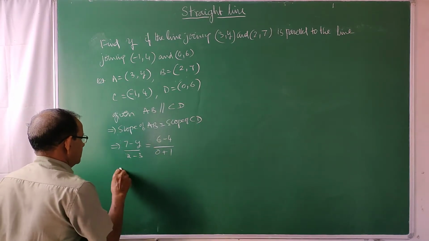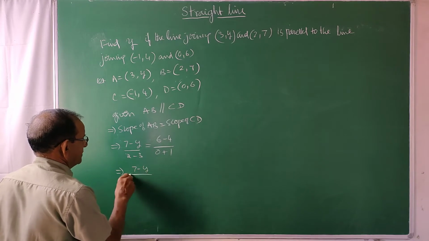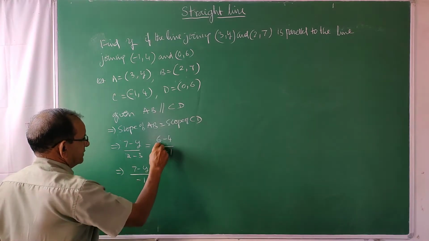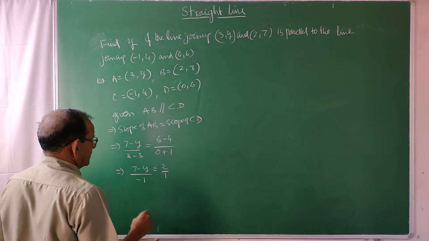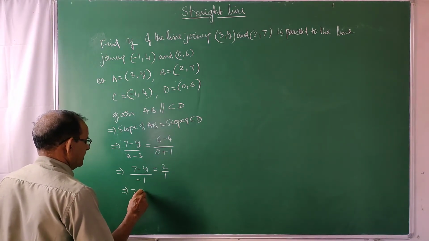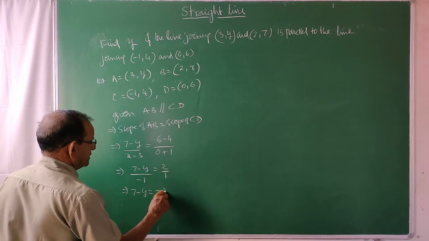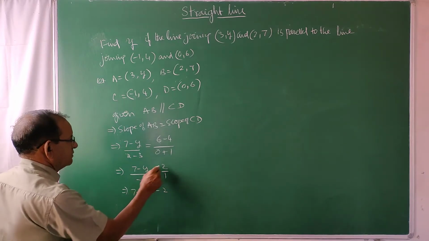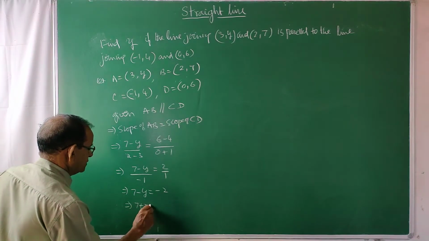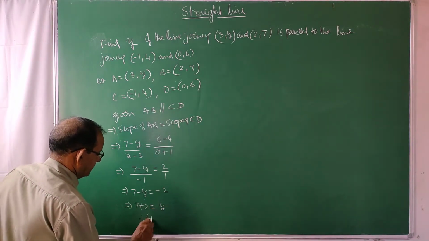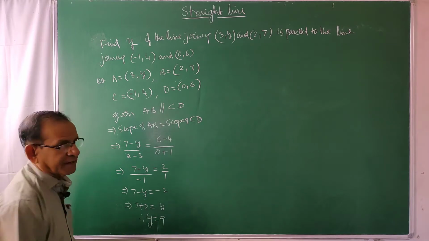So, this is equal to (7 minus y) by minus 1, and 6 minus 4 is 2 by 1. So, take cross multiplication. 7 minus y is equal to minus 1 into 2, minus 2. That implies 7 plus 2 is equal to y. Therefore, y is equal to 9.